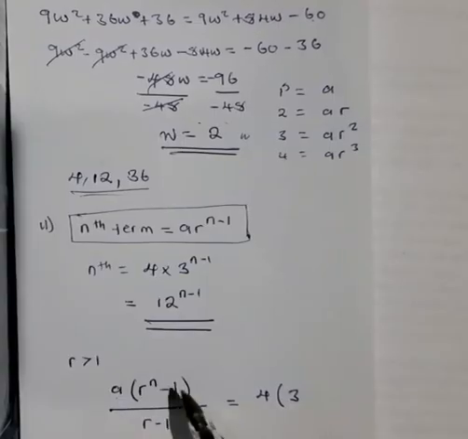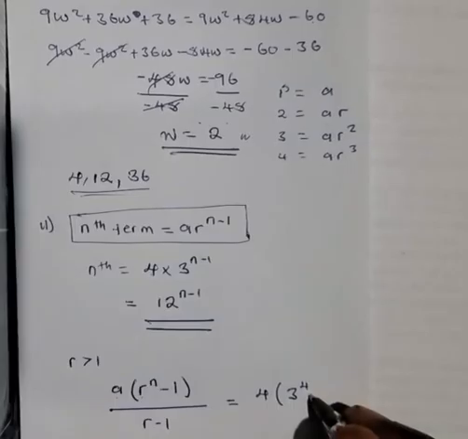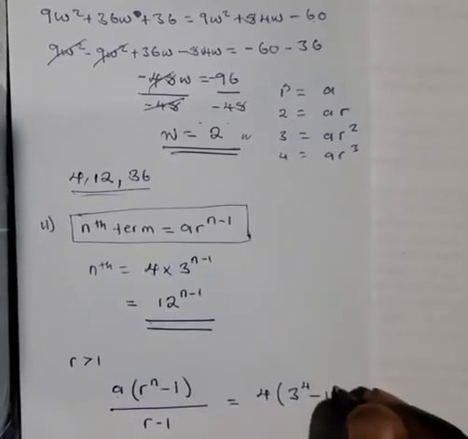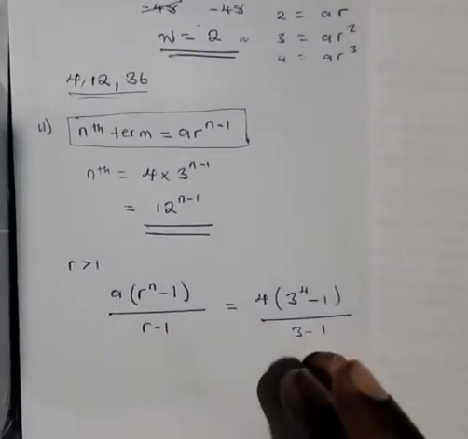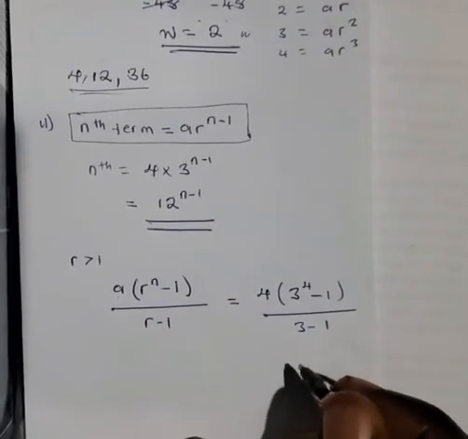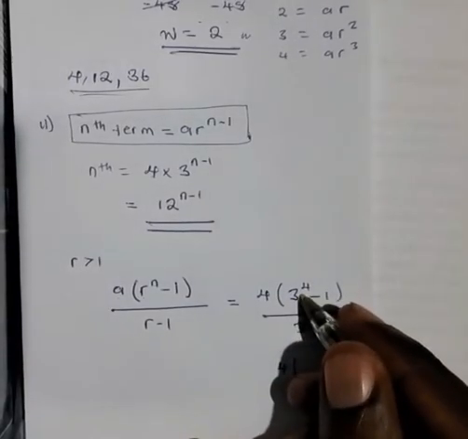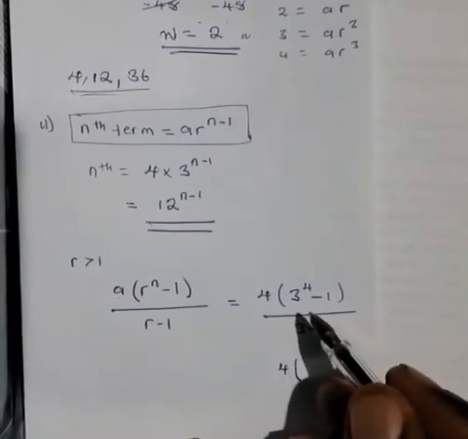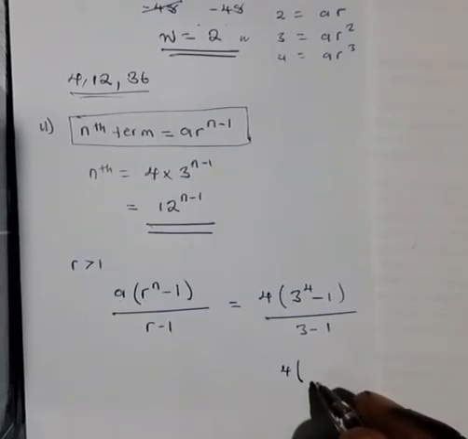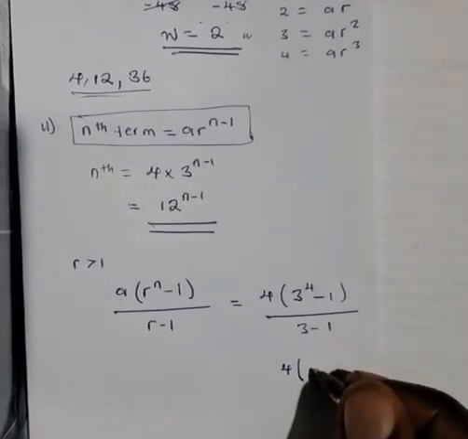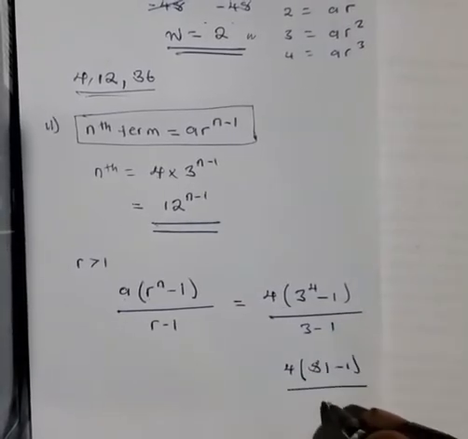Then we have n there, so the fourth term, minus 1, over r, which is 3 minus 1. So there we have 3 times 3 times 3 times 3. 3 times 3 is 9, 9 times 3 is 27, 27 times 3 should be 81. 81 minus 1 over, this one is 2 there.